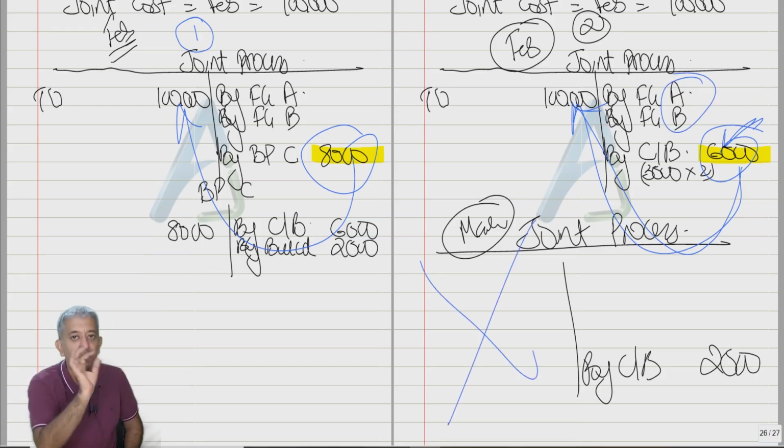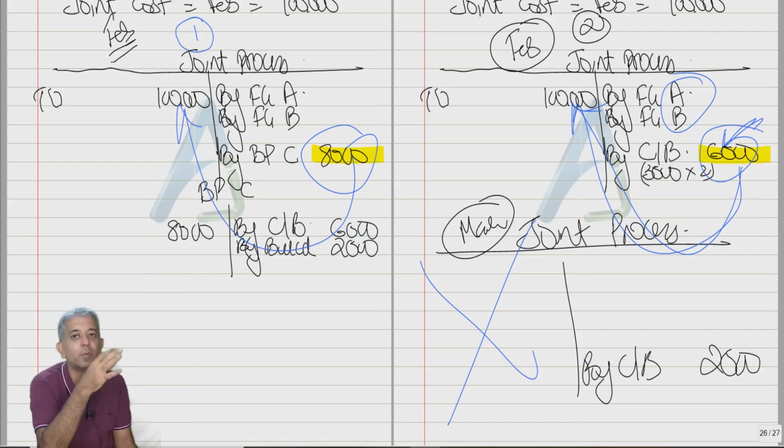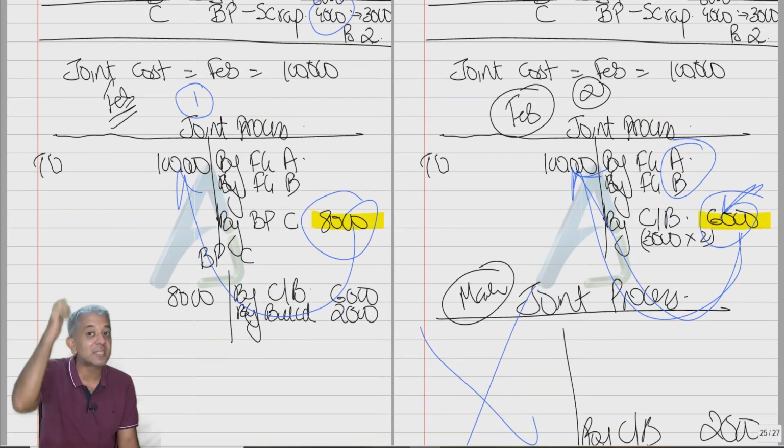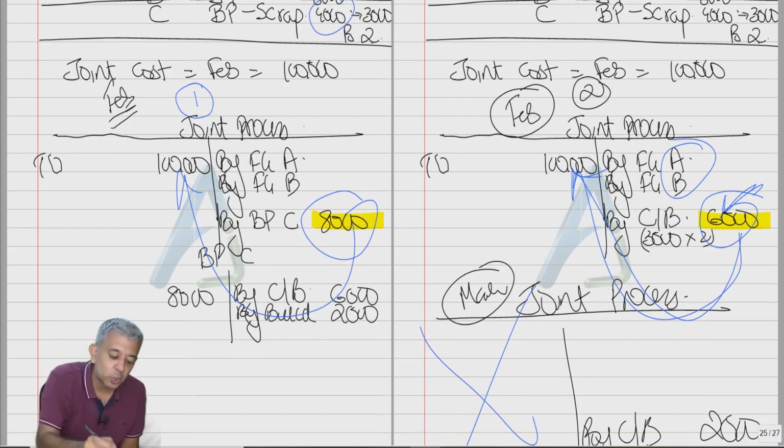Why? Because you all tell me one thing. You incurred joint cost in the month of Feb to the extent of how much? 1 lakh. Okay. Now, if you incurred 1 lakh, can we say due to 1 lakh only, you produced by-product to the extent of 4,000? Yes, sir. Can we say whatever is the scrap value of 4,000, credit of that should be given to 1 lakh?